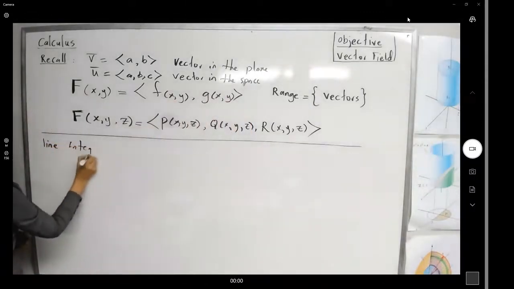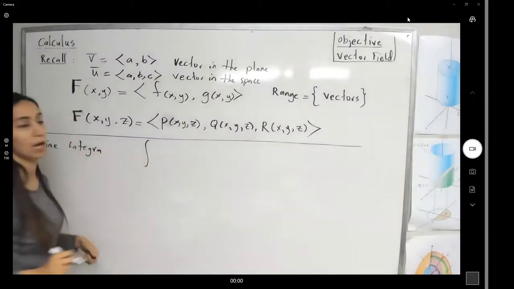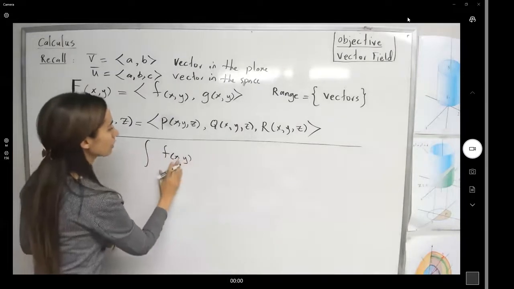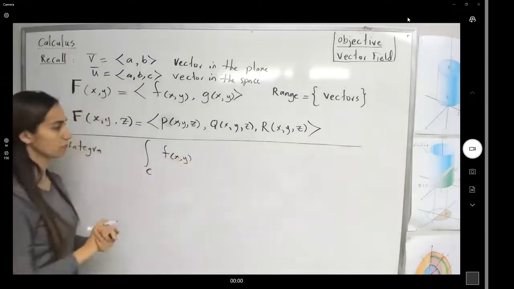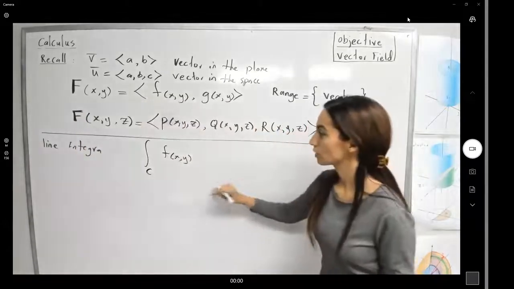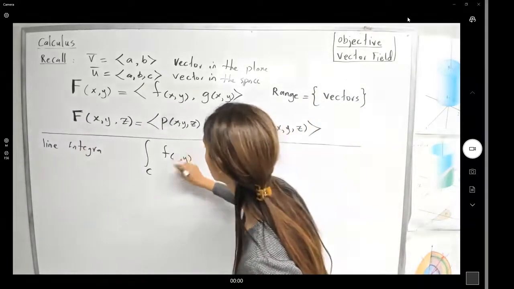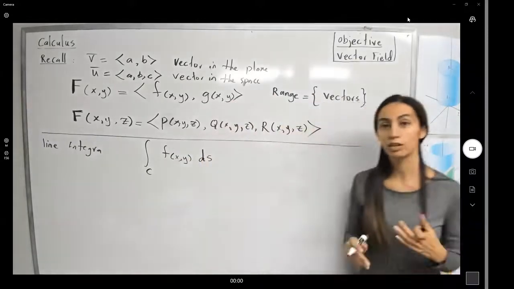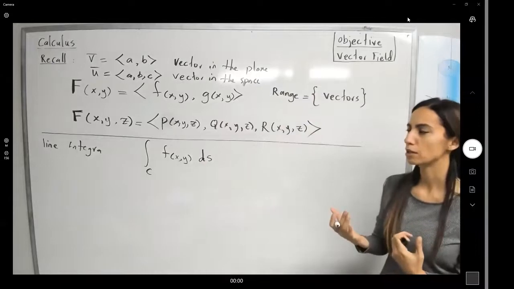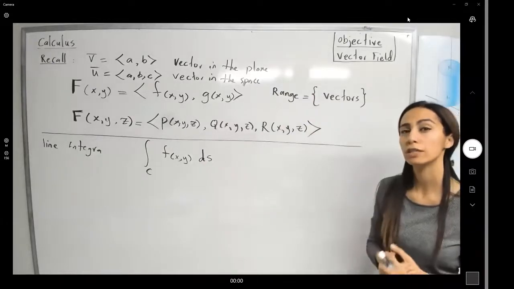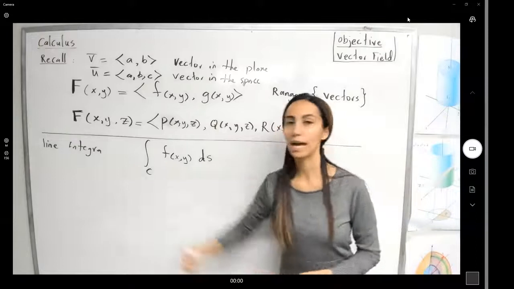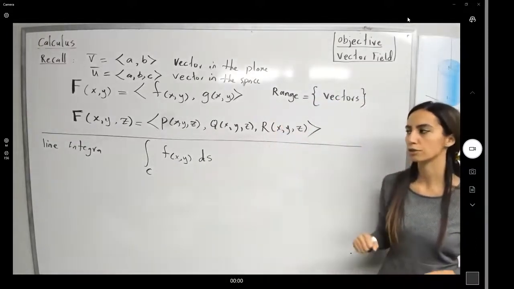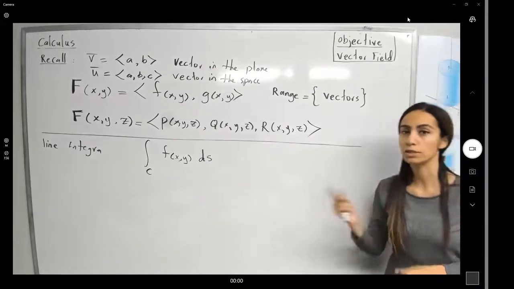So we say that, suppose you have the integral of a function like f of x and y over curve C. To find this integral with respect to the length of the curve, we remember that we need to get rid of one of these variables because you only have one integral. Later on, we're going to talk about how to convert the line integral into a double integral or vice versa.